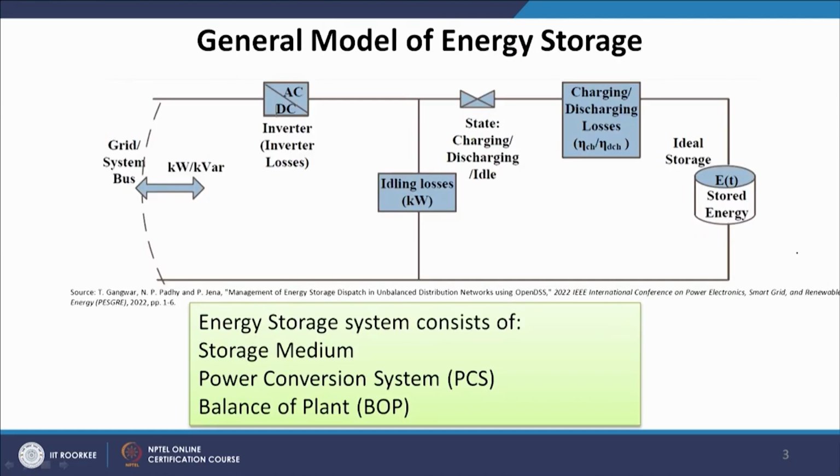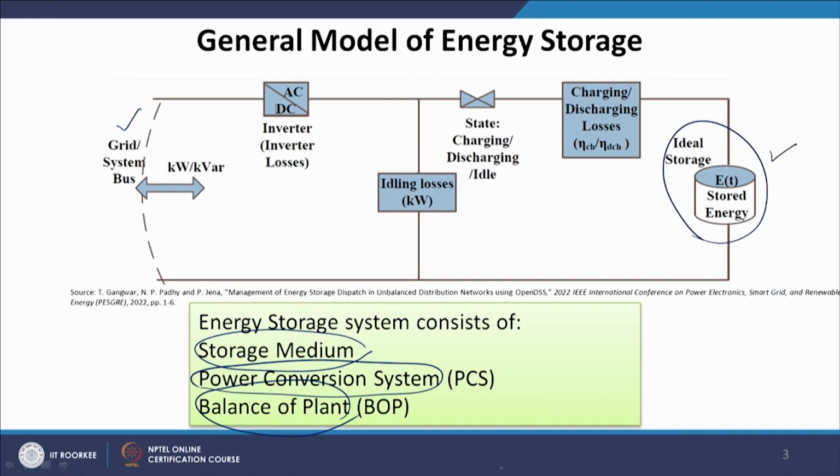Now, the general model of energy storage, as you can see, mainly consists of a storage medium, number one, then a power conversion system, and then there is a BOP, the balance of plant. So, these are the three main components of an energy storage system. You can see there is a grid, which is a system bus to which the energy storage device is connected, and this is considered a perfect ideal scenario.